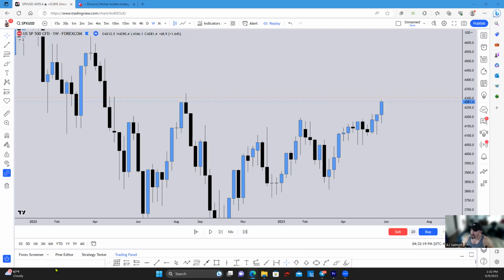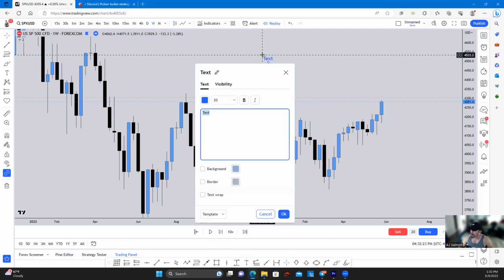Okay, so first thing we want to look for is going to be any gaps, old highs or old lows. Okay, basically, we're looking for inefficiencies. That's the name of the game.